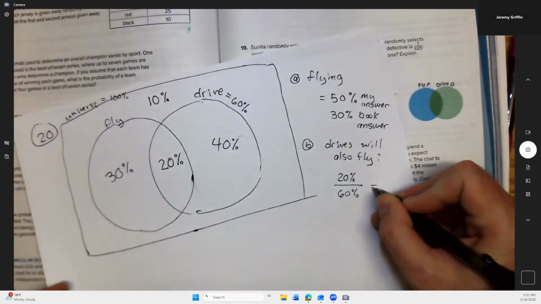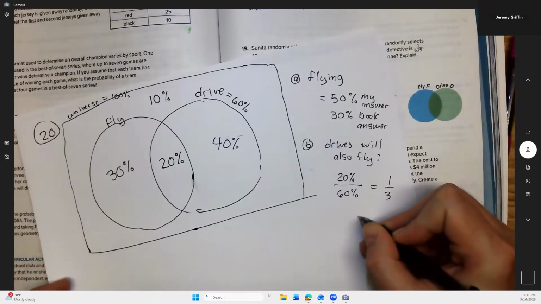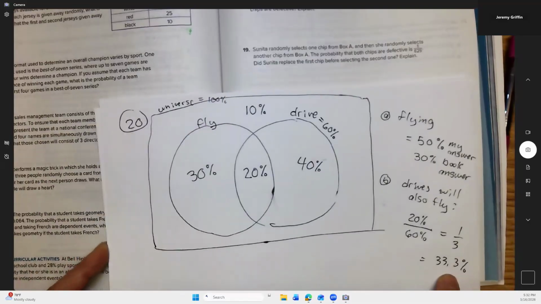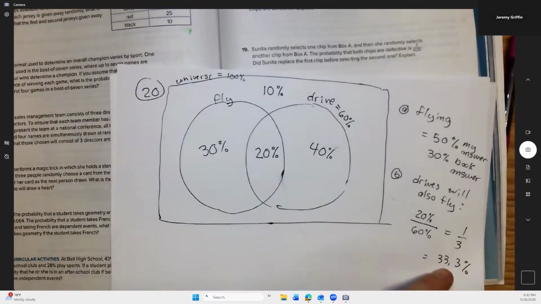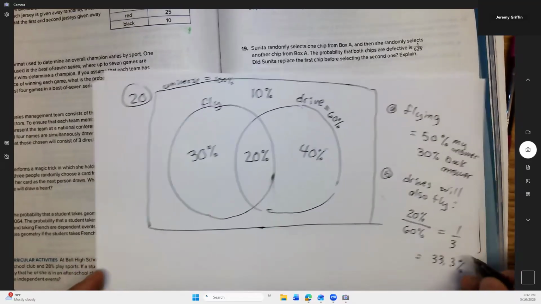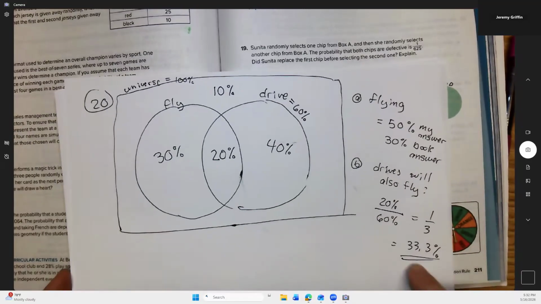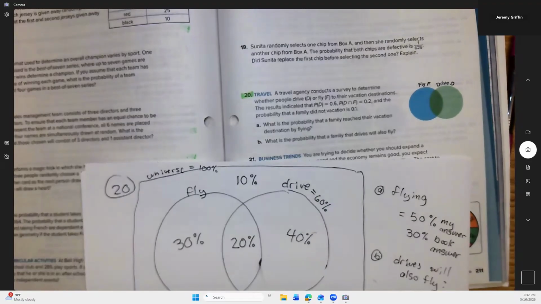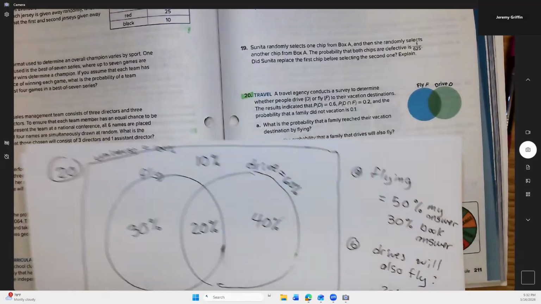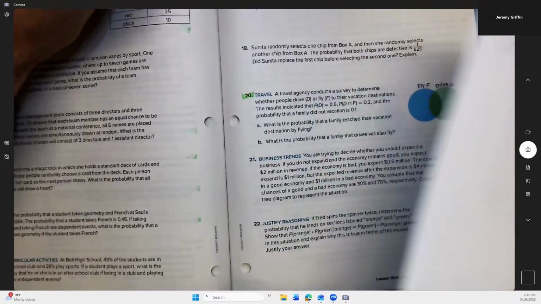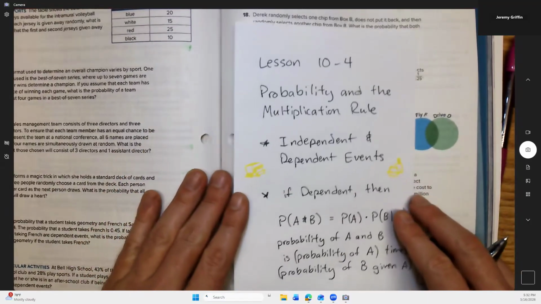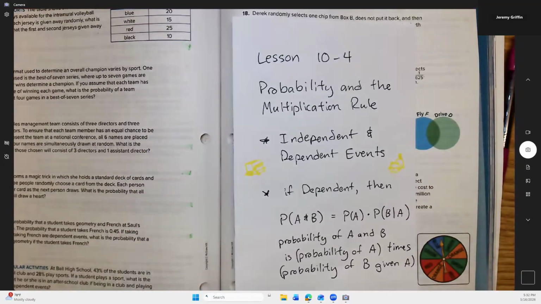That reduces to 1 out of 3, or 33.3%. Let me double check. Your book says that's the answer right there. So both your book and I agree on that answer. All right, looks pretty good. So we talked about independent and dependent events, and there you go. That is a wrap on 10-4.